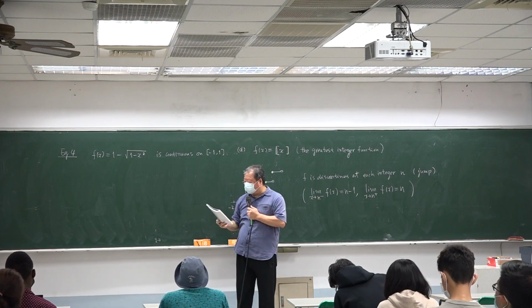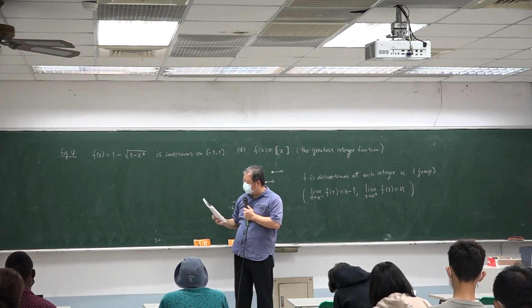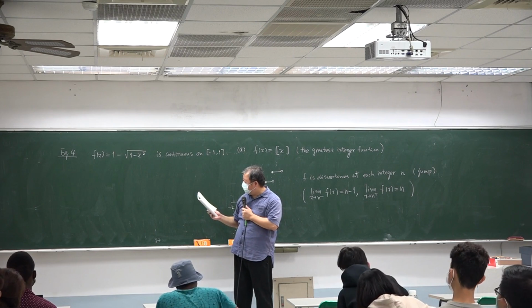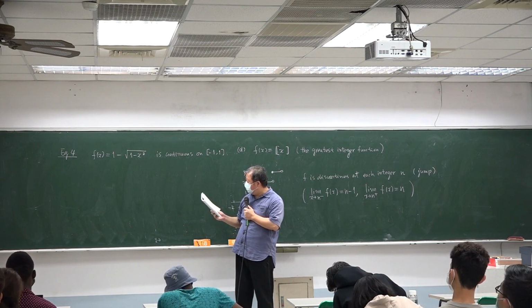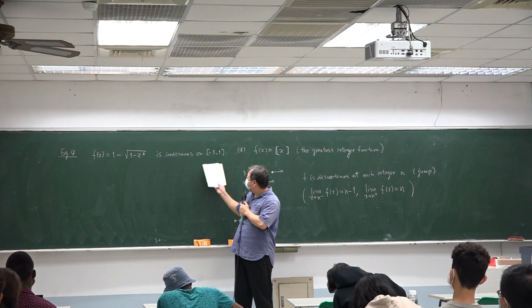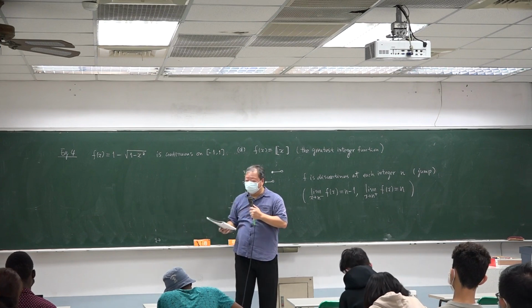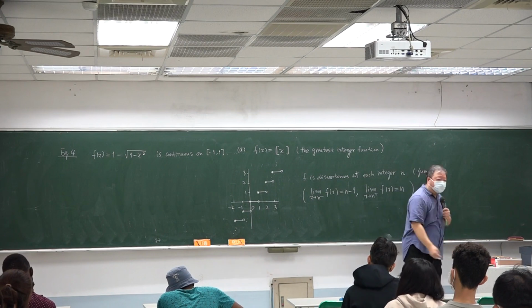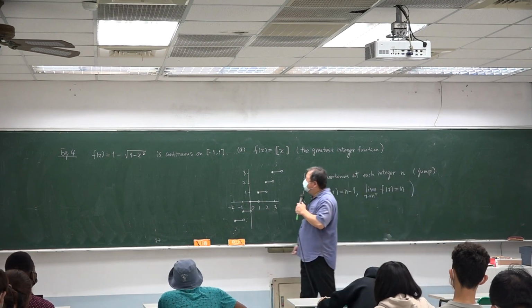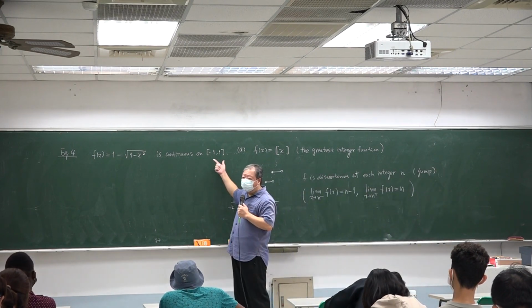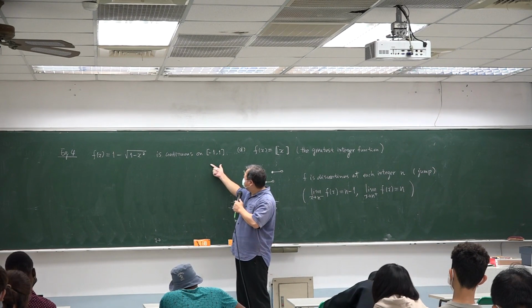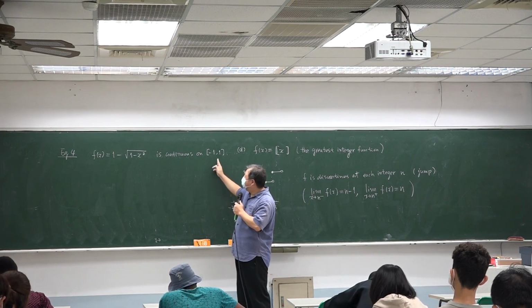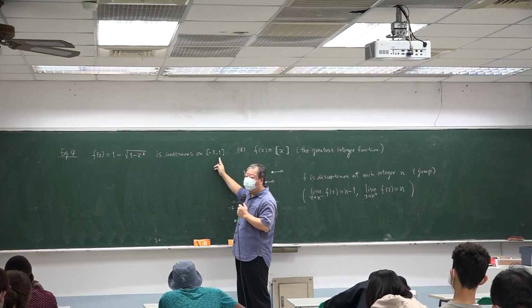Example 4 shows that the function f of x is continuous on the closed interval -1 to 1. Now, this is a set, an interval. Some points of this set are interior points of this set.